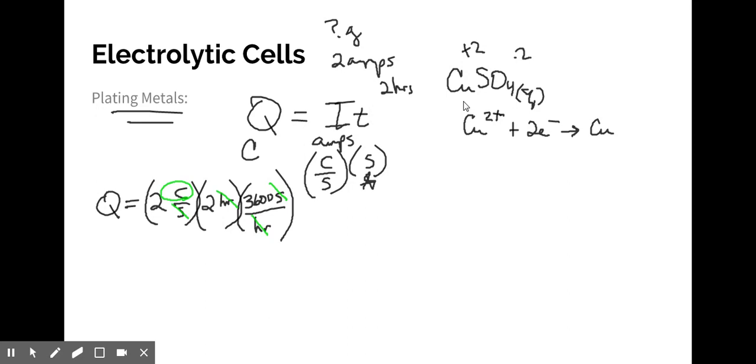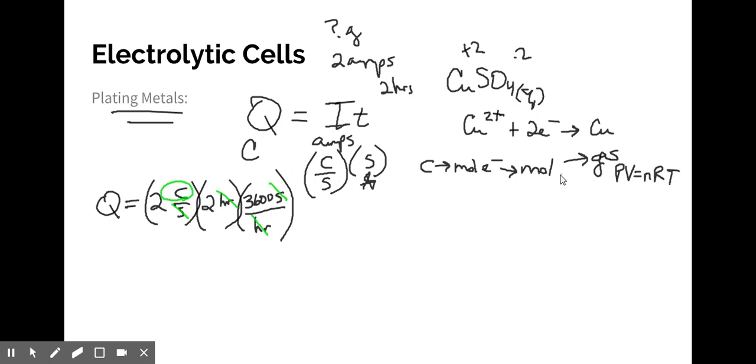Once I have converted my current and my time into coulombs, I then have to do dimensional analysis. So I've got to go from coulombs to moles of electrons. Then I'm going to go from moles of electrons to regular moles. If I'm working with a gas, I can go from moles to PV equals nRT, which will give me a volume.